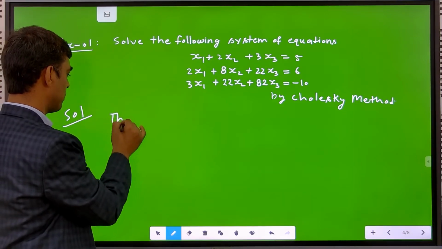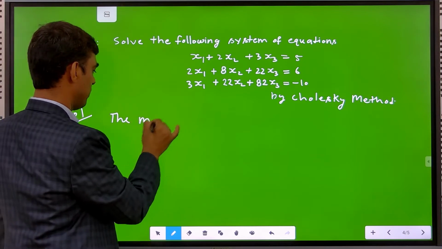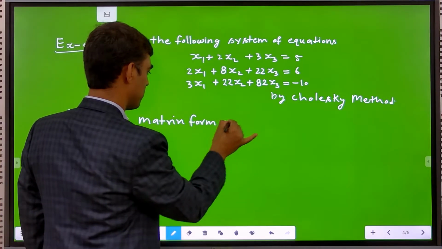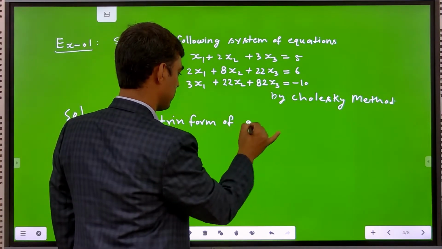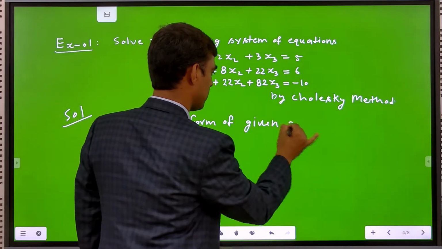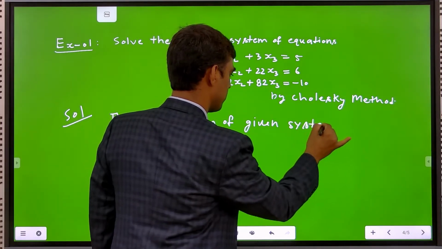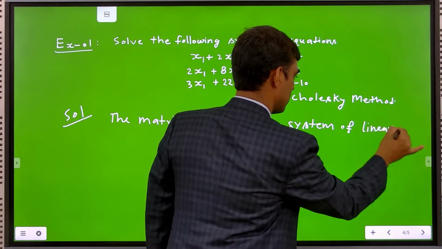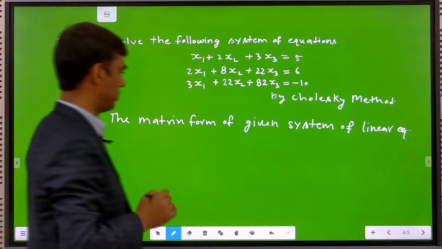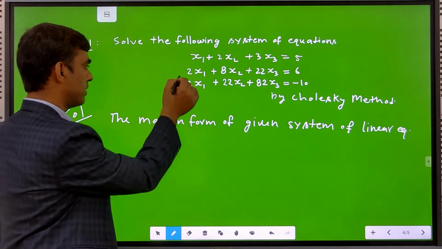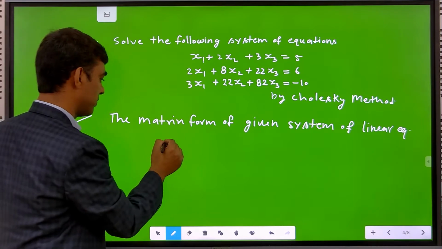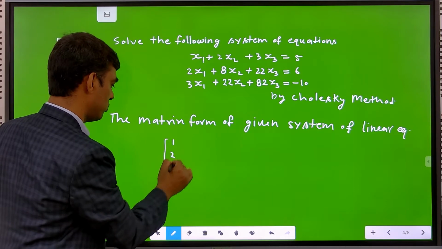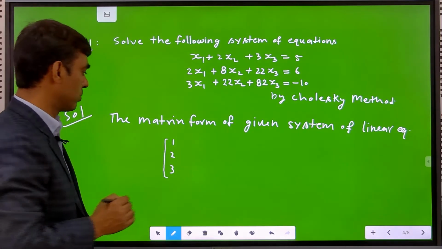First we write the coefficients of x1, which are 1, 2, 3.